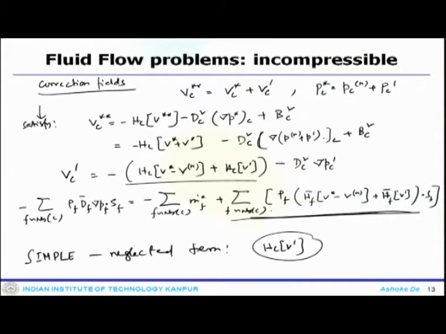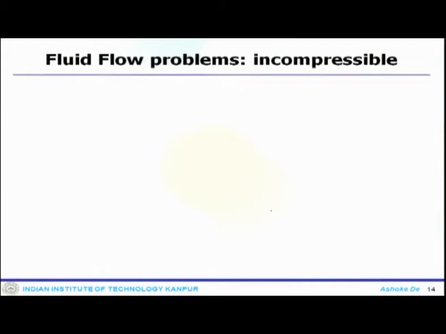So, now using SIMPLEC and PRIME, the algorithm which actually works is the PISO algorithm. The PISO algorithm is interesting; it stands again in between these.